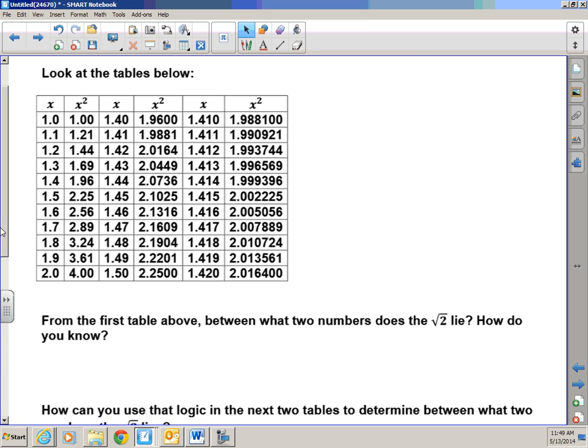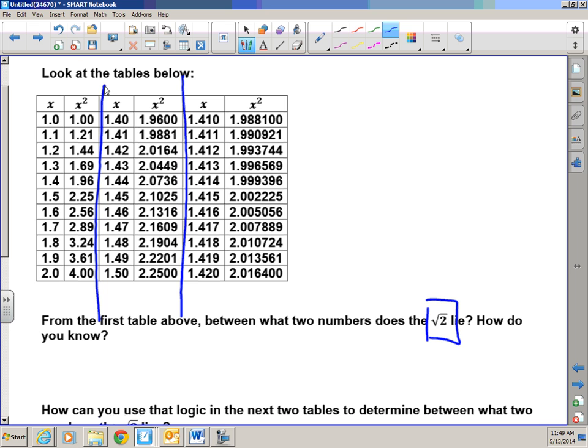So we're breaking this table down into the 3 parts that you have on your note sheet. And what we're trying to do is find between what 2 numbers the square root of 2 lies.